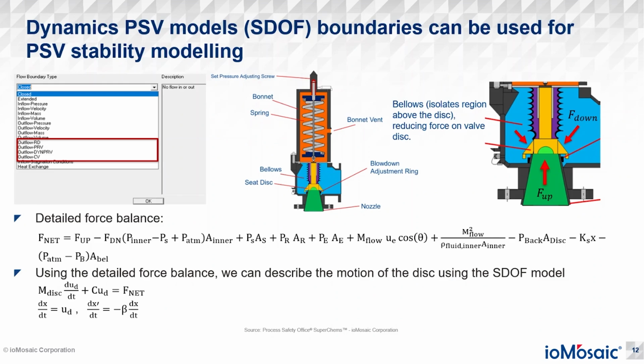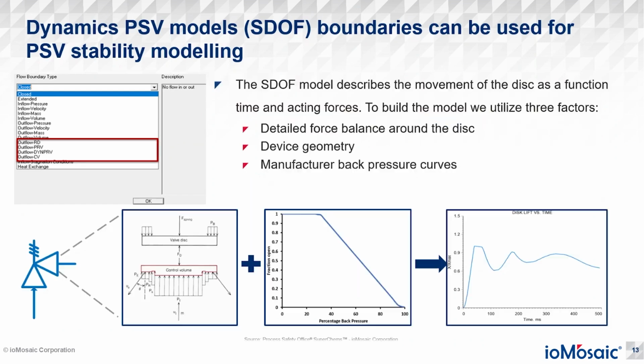We can build SDF models in SuperChems, and we can program that as a boundary in our new 1D gas models. To provide a little context about the mathematics, I've got part of the detailed force balance and some of the equations that describe the motion of the disk in the SDF models down below.